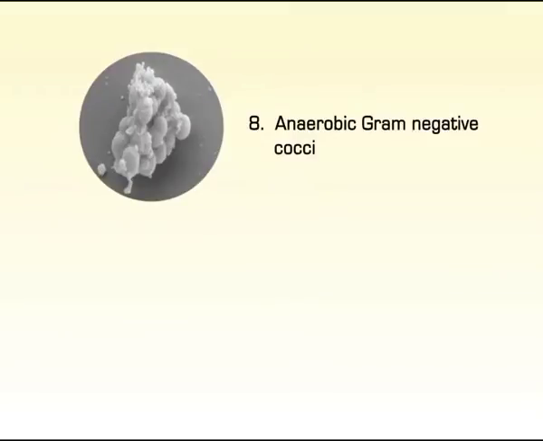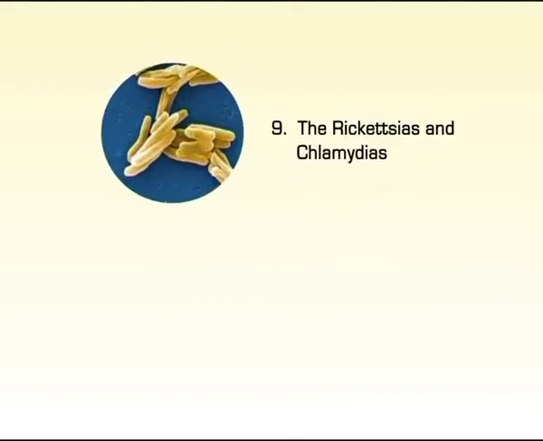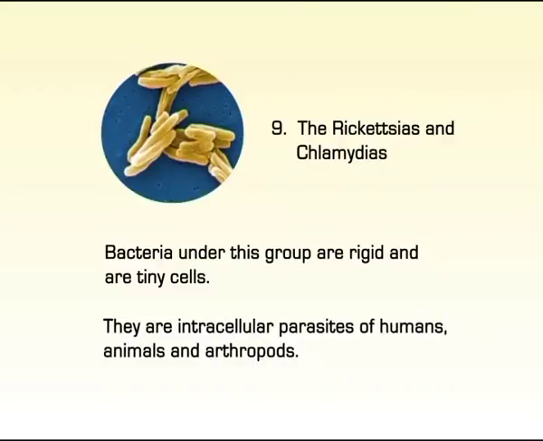Next is the anaerobic gram-negative cocci. So bacteria under this are rigid and non-motile, and they undergo fermentative metabolism and are usually parasitic in nature. Next is the rickettsias and the chlamydias. Bacteria under this group are rigid and are tiny cells. They are intracellular parasites of humans, animals and arthropods.